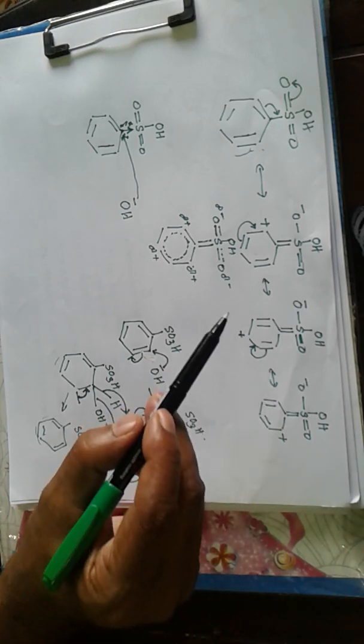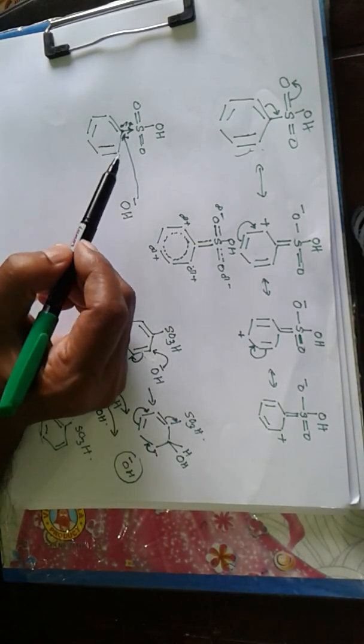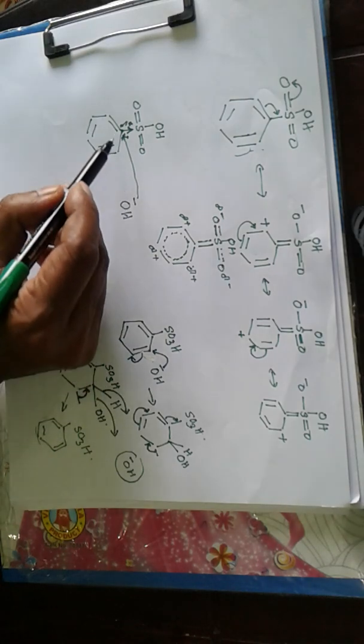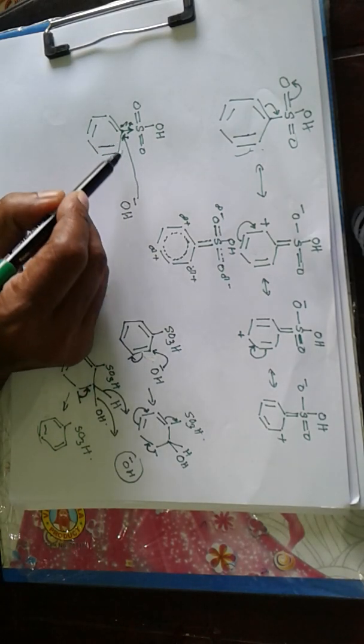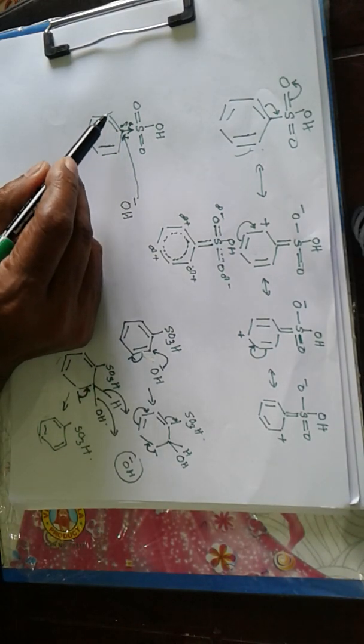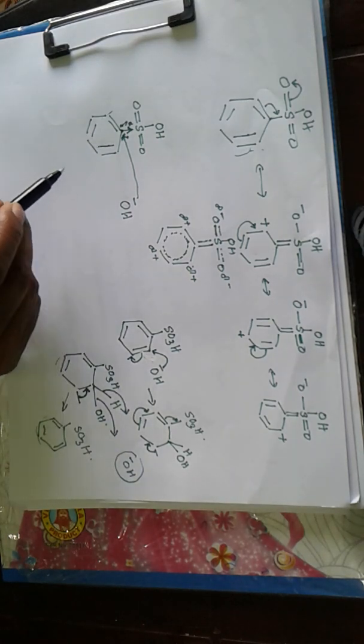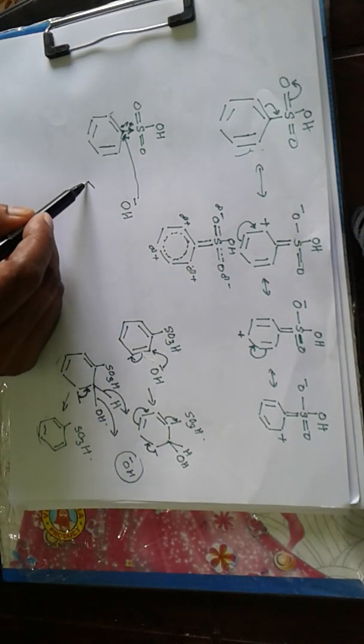But when it attacks this carbon, the OH negative establishes a bond with this carbon, then this bond will be shifting in this direction and we get a structure like this.